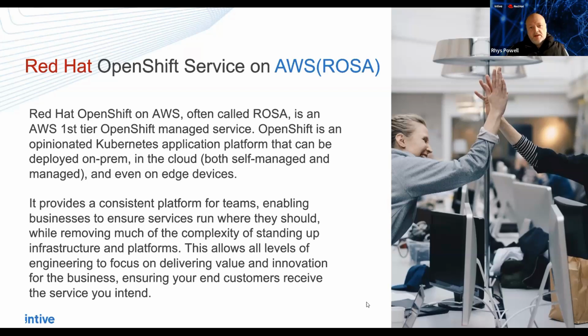The idea behind ROSA is that it allows you to focus on delivering applications and bringing value to your organization. As Veerender is just about to demonstrate, it's all about making lives easier so that you can make sure that your organization is bringing the best for your customers.